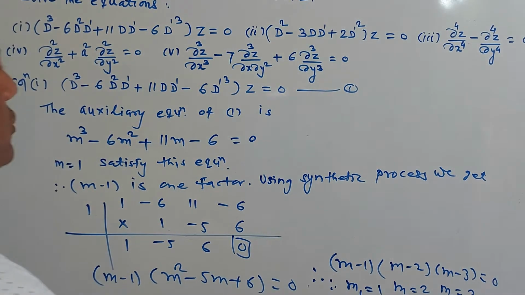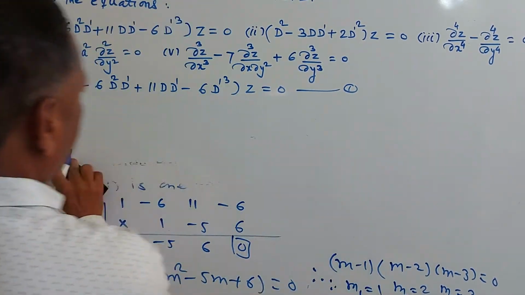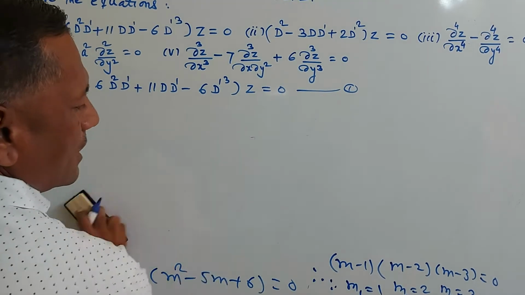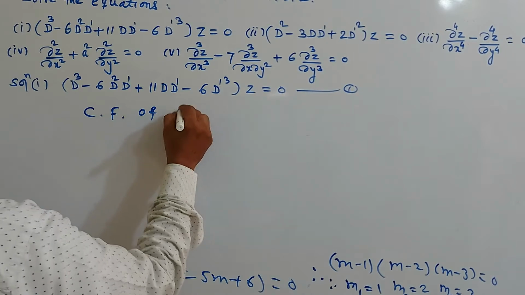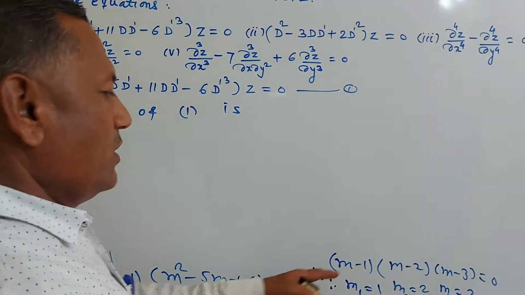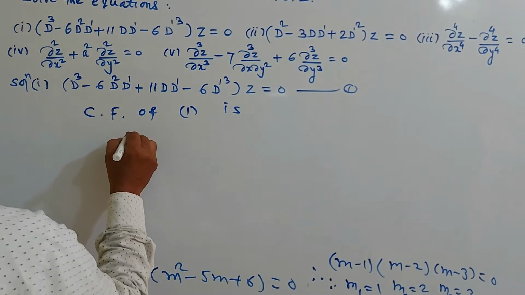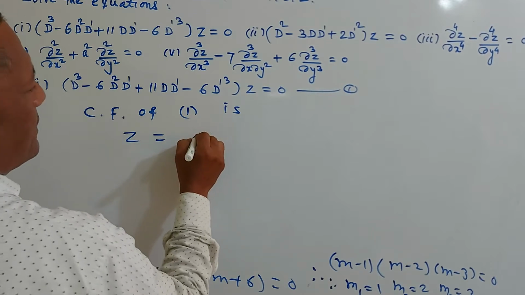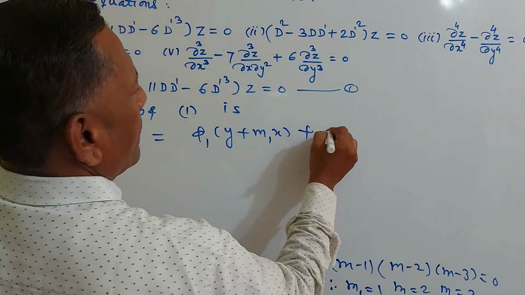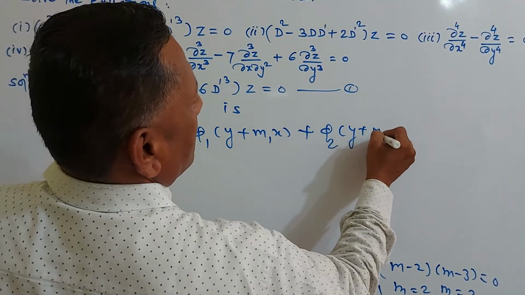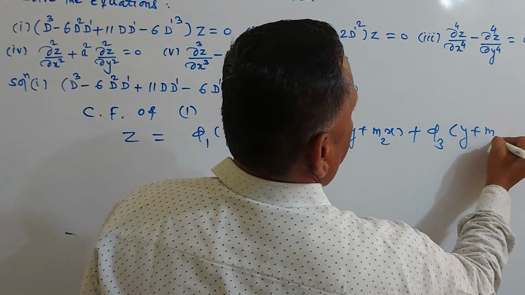Now using these three roots, you write the general solution of the given equation. Given equation is number 1. Therefore the complementary function of 1 is, your roots are m1 is equal to 1, m2 is equal to 2 and m3 is equal to 3. So the complementary function is z is equal to phi1(y plus m1x) plus phi2(y plus m2x) plus phi3(y plus m3x).